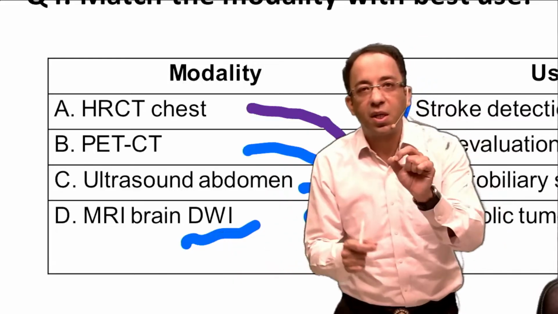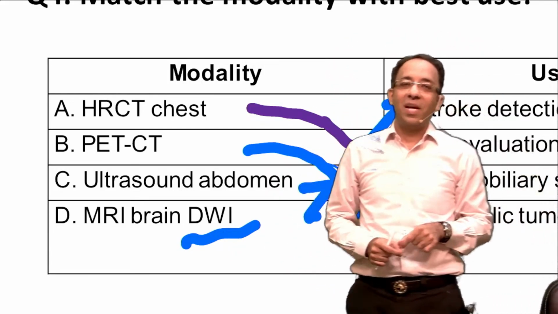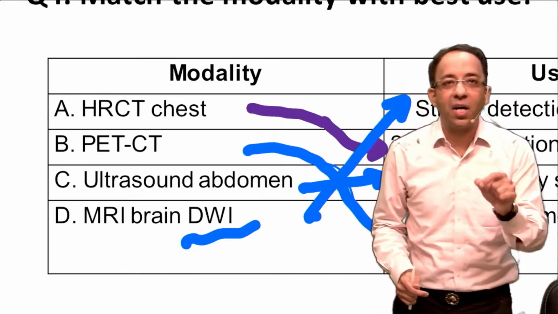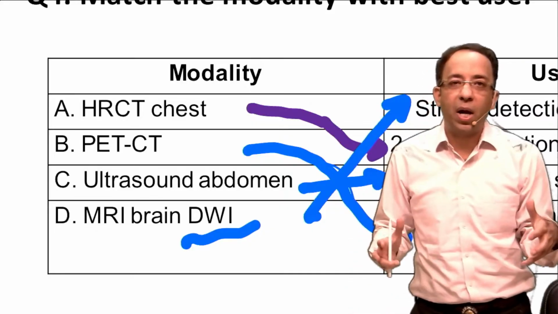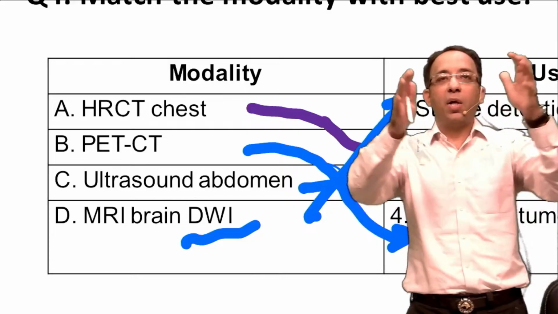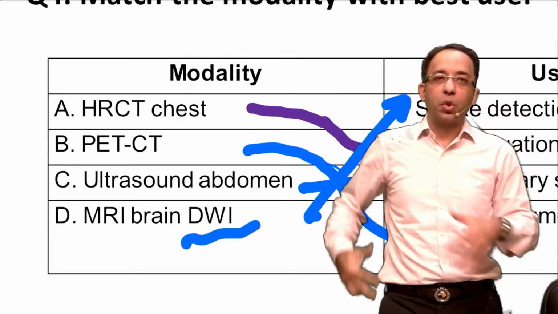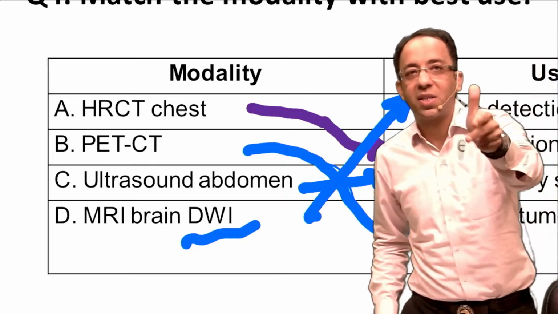Which investigation can detect brain infarct earliest? Diffusion weighted MRI. Gallbladder stone, acute cholecystitis, jaundice, hepatobiliary: ultrasound.